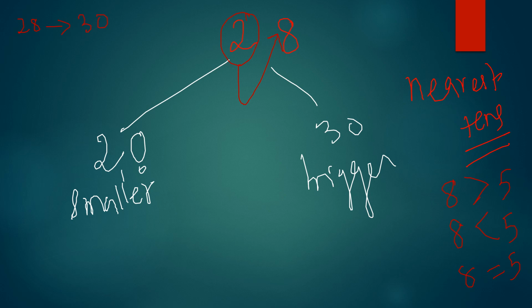But let us say instead of 8, we have the digit 5 here. That's 25. 5 is equal to 5. So in that case, 25 will be rounded off to 30. Always remember, if the digit to the right is 5, we will round it off to the bigger number. Instead of 5, if it is less than 5, let us say 4, now 24. 4 is smaller than 5.